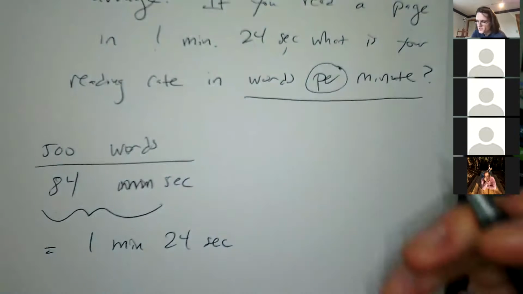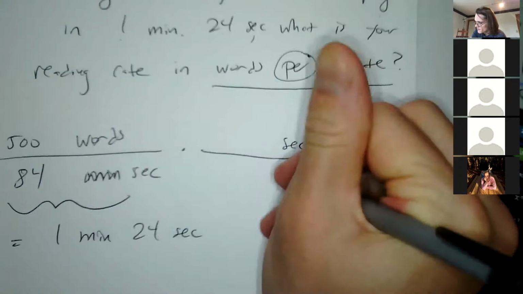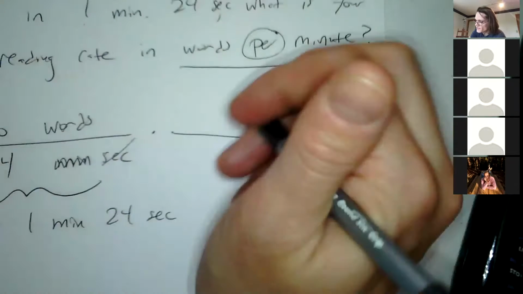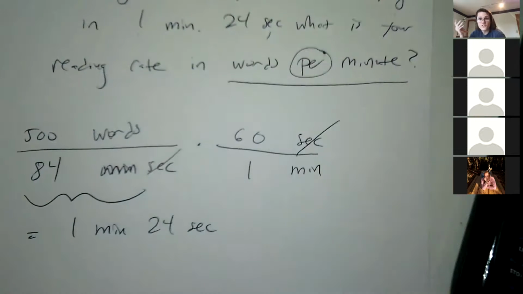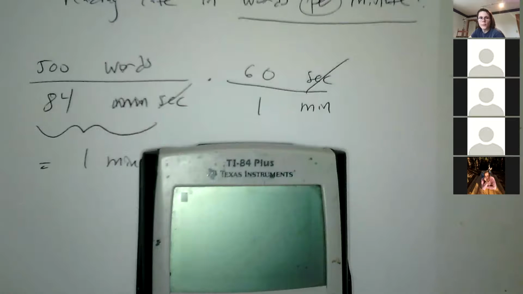Again, you'll get the same answer if you did it the other way too. So I'll do seconds, minutes. So the seconds cancel. There's 60 seconds in 1 minute, and you're good. So all in all, I get the 500 times the 60.